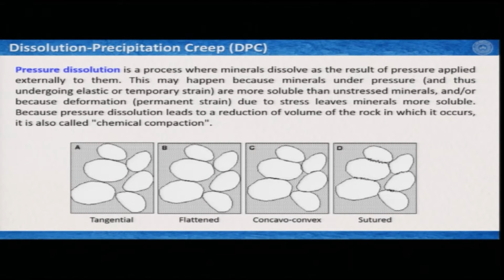Now, there are some ideas that we can think of. Dissolution can happen at a point, and dissolution can happen on a surface. When 2 points or 2 surfaces touch each other, a pressure is generated on the surface, and if there are fluids, the process is known as pressure induced dissolution, or pressure dissolution.